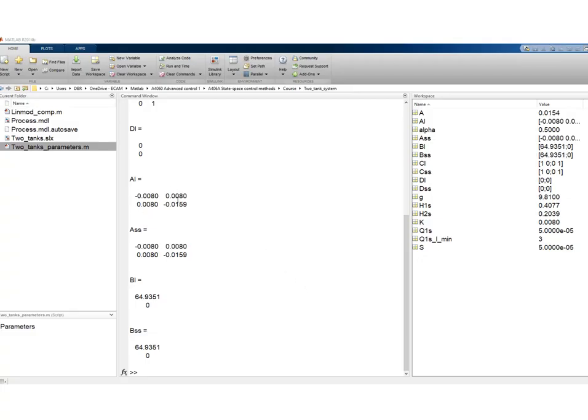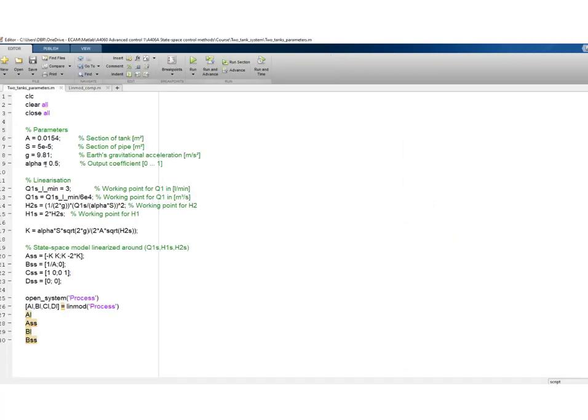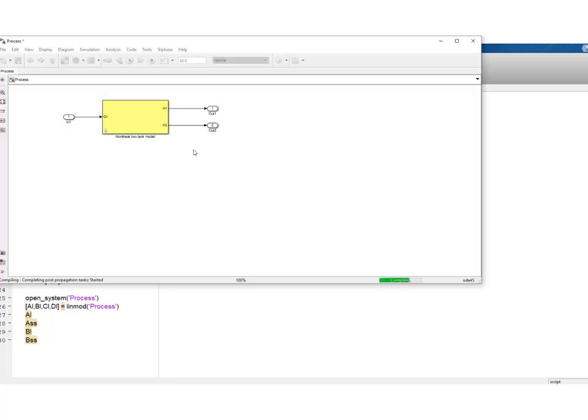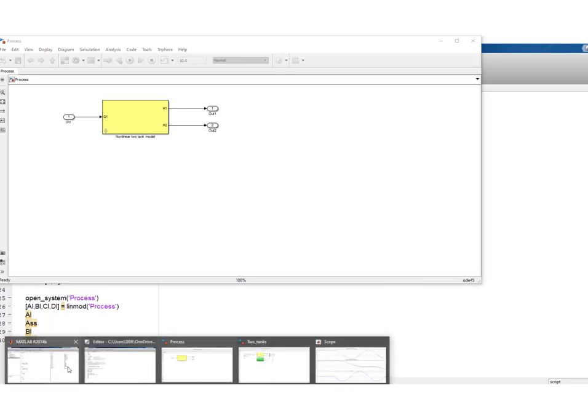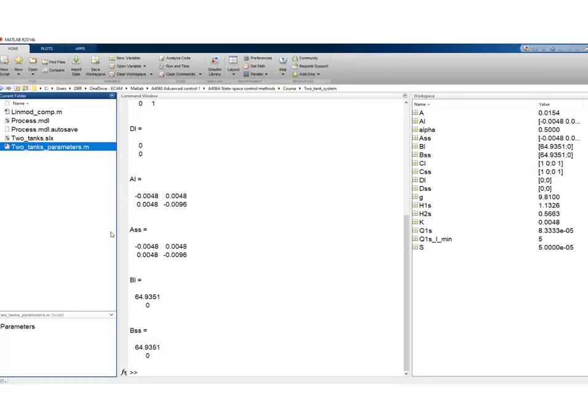So remember, these are the quantities, and this is the A that we obtain when we linearize around an input flow of 3 liters per minute. If we now change the value, for instance, to 5 liters per minute, of course, you will linearize around a new working point, so the model will be different, and you see that this still corresponds to what we had obtained by computation and what is generated by MATLAB Simulink.